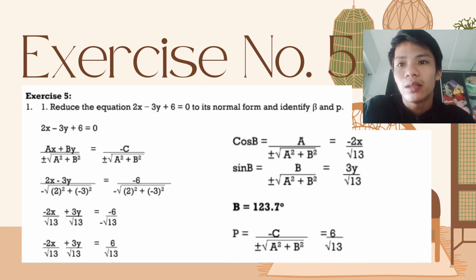So, sa baba naman, gagawin natin siyang positive. So, (−2x + 3y) over square root of 13 is equal to 6 over square root of 13.